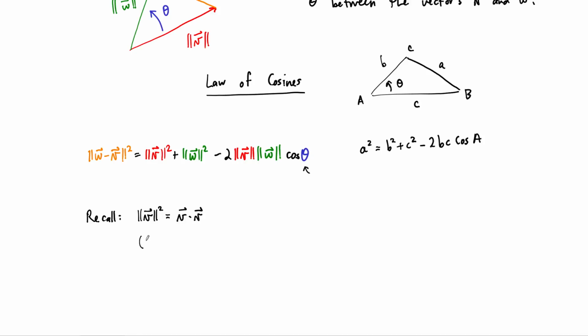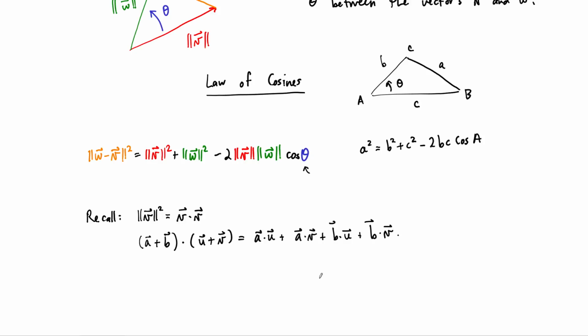So if we wanted to do vector a plus b dot product with vector u plus v, then these distribute, and the dot product is treated just like multiplication of numbers in this case. So you get a dot u plus a dot v, plus b dot u plus b dot v. This is just the distributive property.